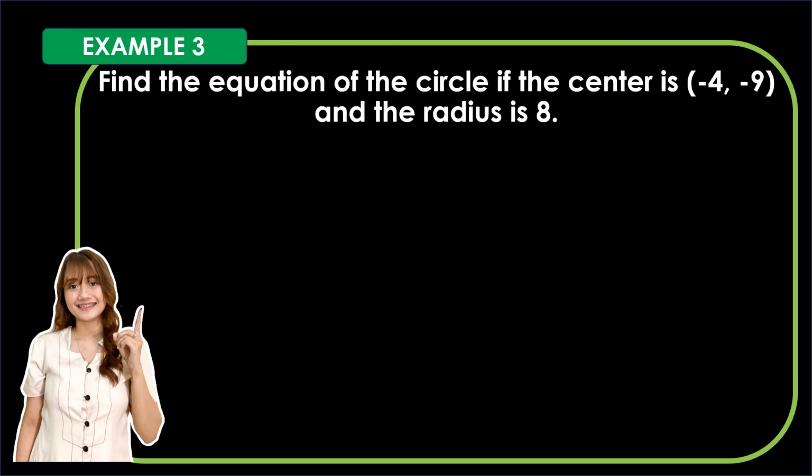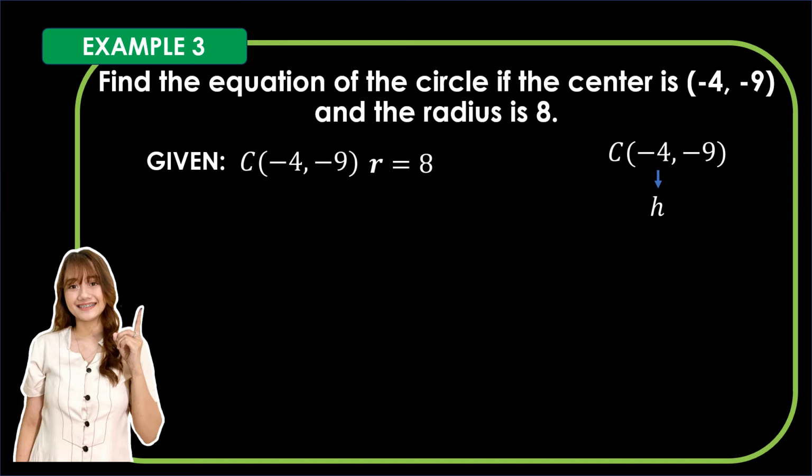In this problem, it asks for the equation of the circle. And the given in this problem are the center, which is negative 4, negative 9, and the radius is 8. Now, we know that the center is (h, k), so h is negative 4 and k is equal to negative 9. So the value of h is negative 4 and the value of k is negative 9.